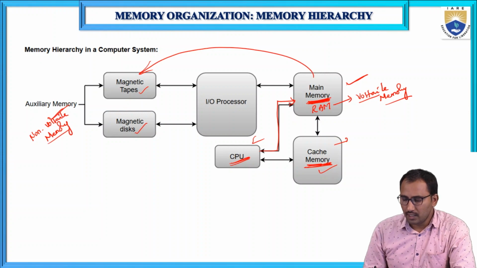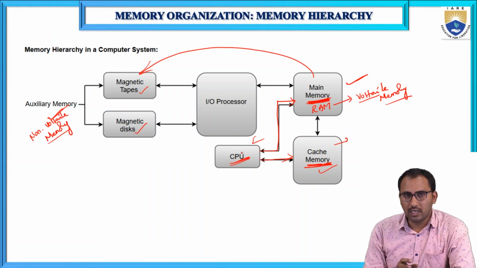After some time, if the same data is required by the CPU, then the CPU will not go to the main memory directly. First the CPU checks in cache memory, because when the CPU is accessing the data from the main memory, a copy of that portion of the data is also placed in the cache memory.